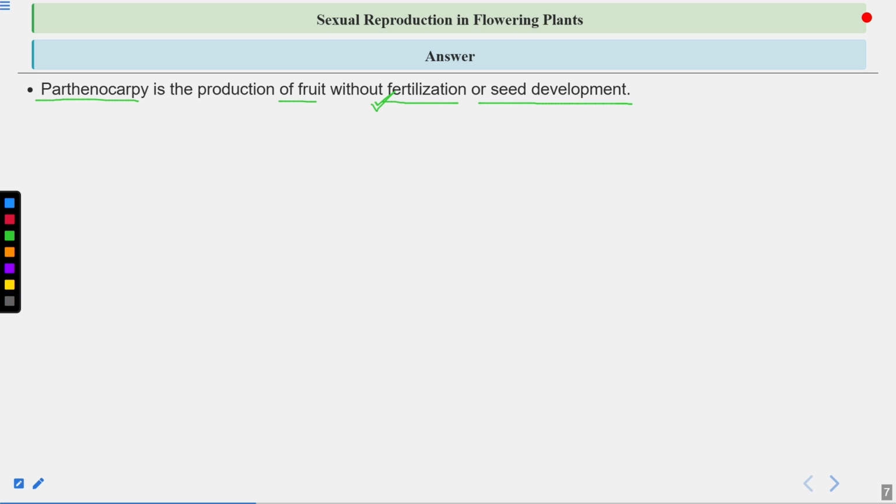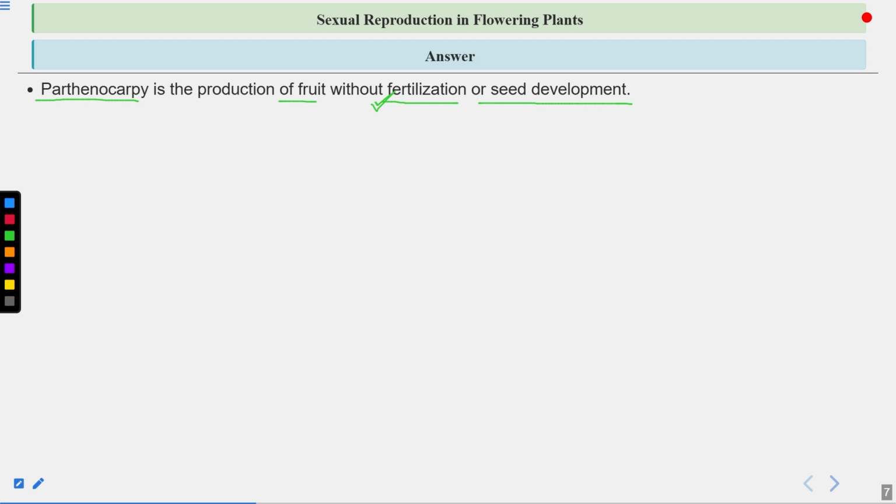See, there is a difference. Don't get confused. Apomixis and parthenocarpy are totally different phenomena. In apomixis, we are discussing formation of seeds without fertilization. In parthenocarpy, we are discussing formation of fruit without fertilization.